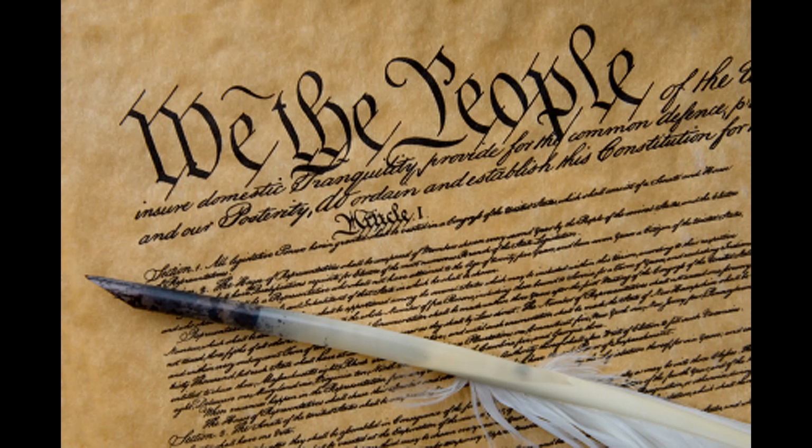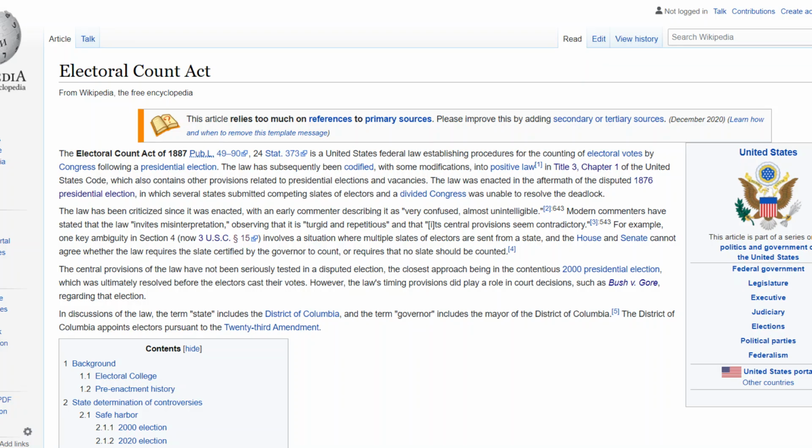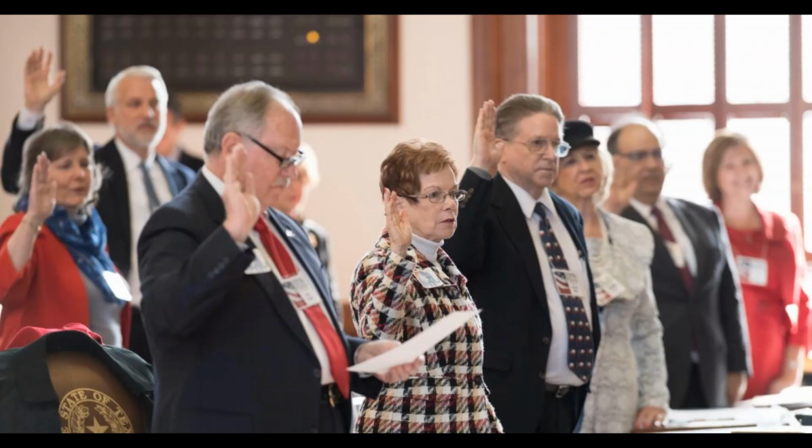If the determination is made pursuant to such law existing before Election Day, then that determination shall be conclusive and shall govern in the counting of the electoral votes, so far as the ascertainment of the electors appointed by such state is concerned. And again, this is what we've just seen play out, folks.